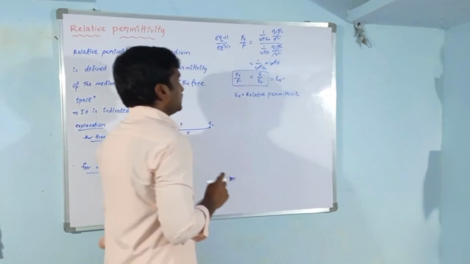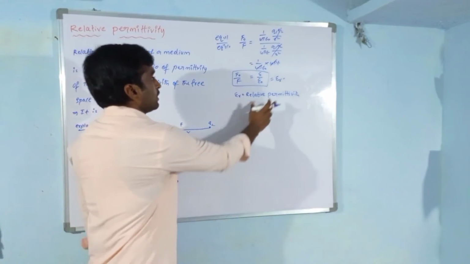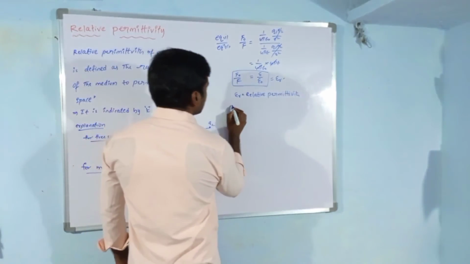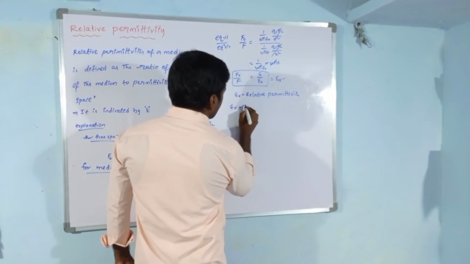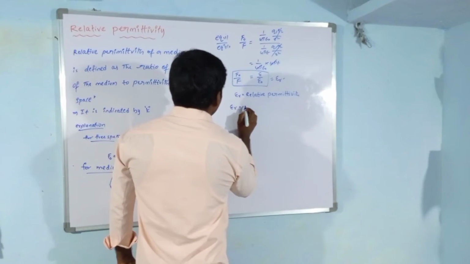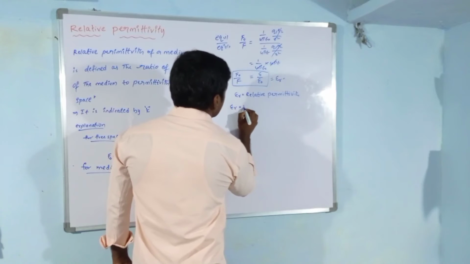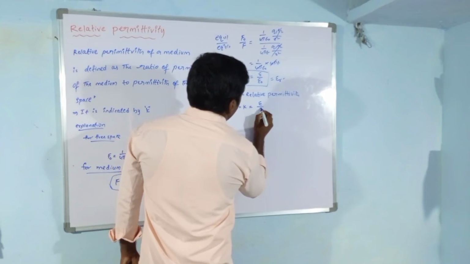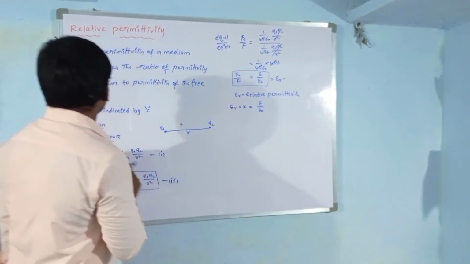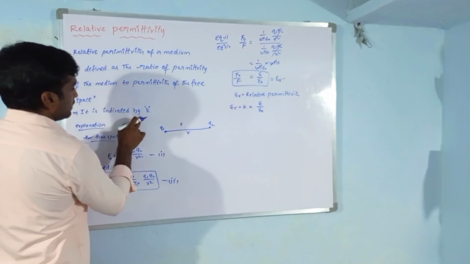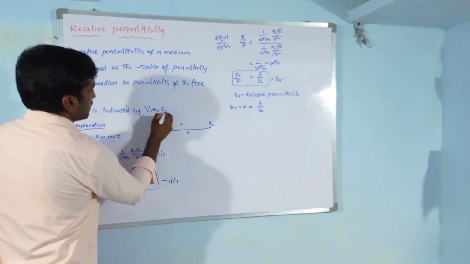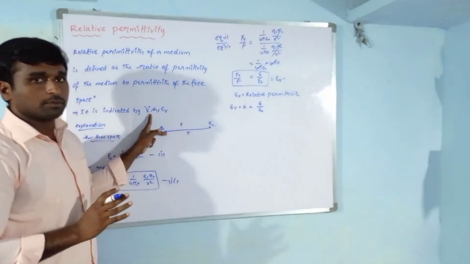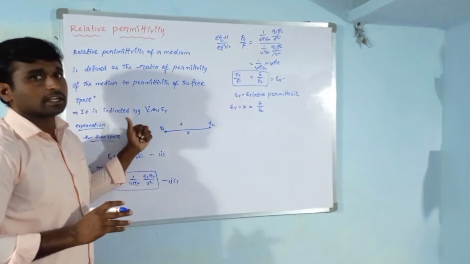This epsilon r, the relative permittivity, is also called the dielectric constant. So the dielectric constant epsilon r is equal to k, equal to epsilon by epsilon naught. It is also indicated by K or epsilon r. Epsilon r means relative permittivity, and K also means relative permittivity, so K is the dielectric constant.